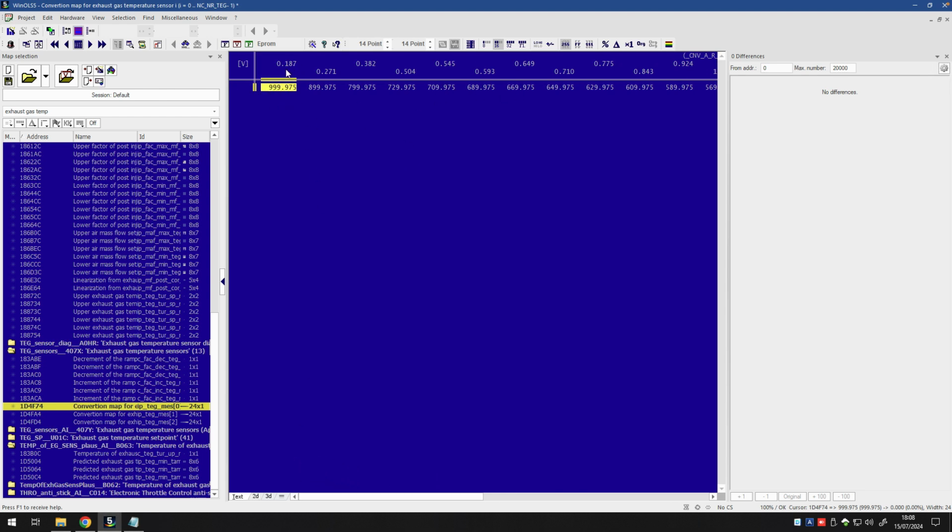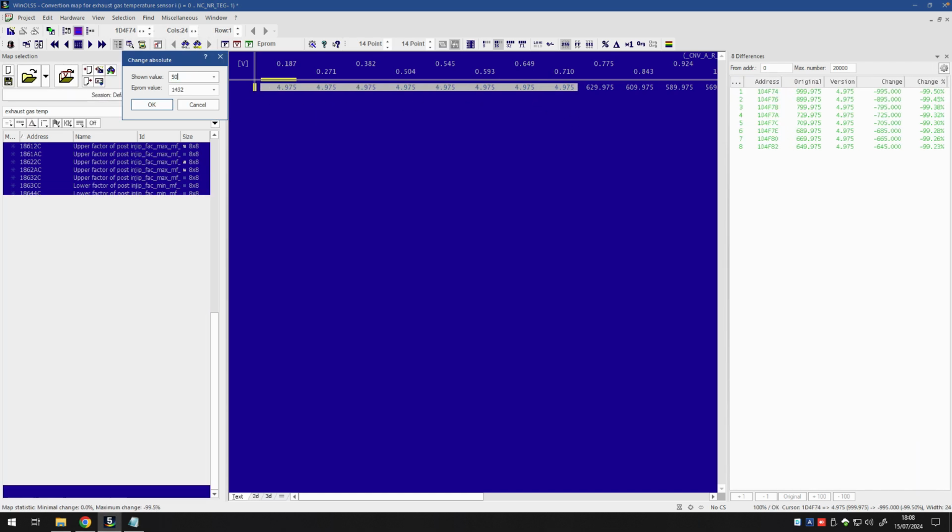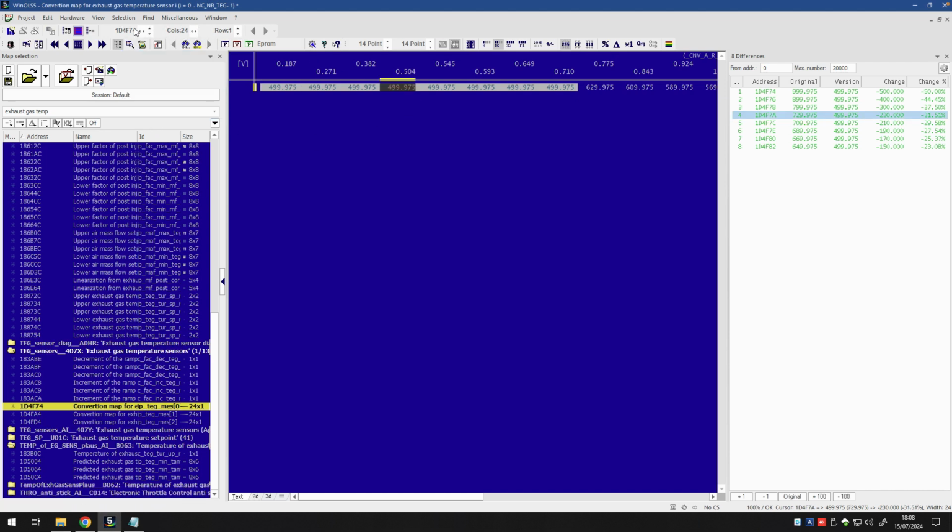So obviously with no voltage coming back, or obviously that's the minimum that this is scaled to, there's your 1,000 degrees. If we were removing these, we would rescale this, and we could have this reading say 500 degrees, which is below the exhaust gas temperature limit, and that would be a way of tuning this out.